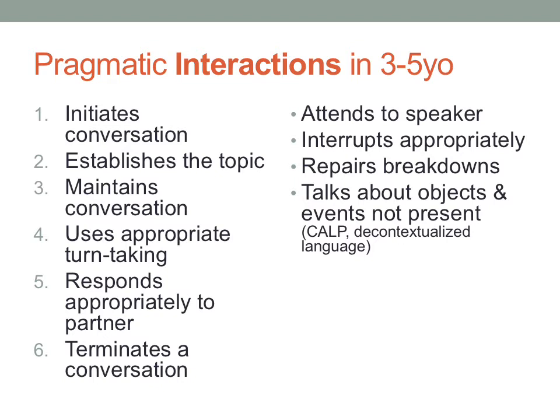They're learning to use appropriate turn taking, so going back and forth in conversation rather than interrupting or taking a turn and then leaving the conversation. They respond appropriately to their partner. That takes a lot of language ability.